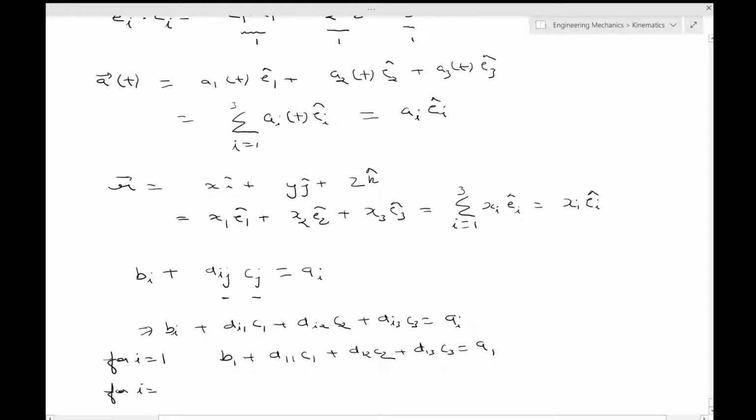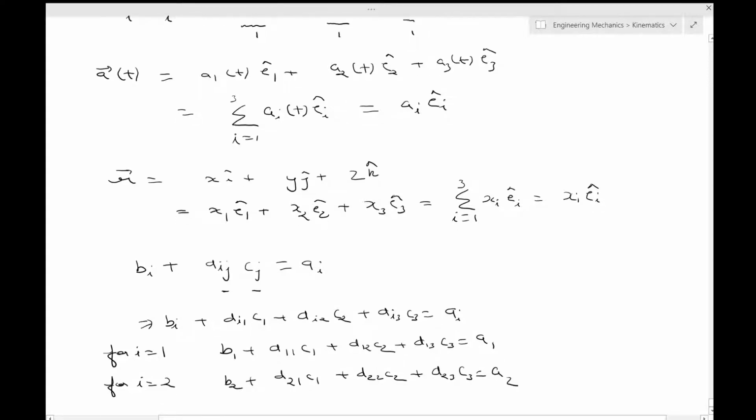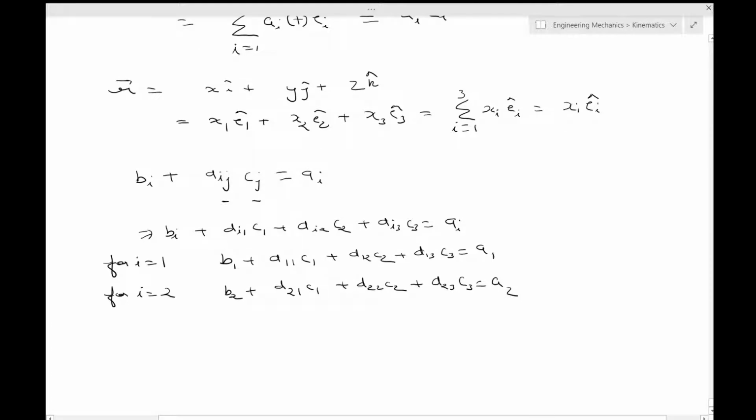For i equal to 2, it would become b2 plus d21 c1 plus d22 c2 plus d23 c3 equal to a2. So for i equal to 3, similarly, since i could have taken 3 values, both i and j would have taken values from 1 to 3, that's why we are doing this.